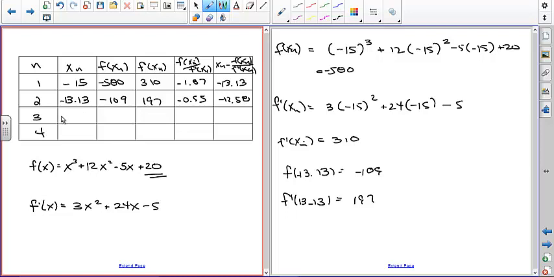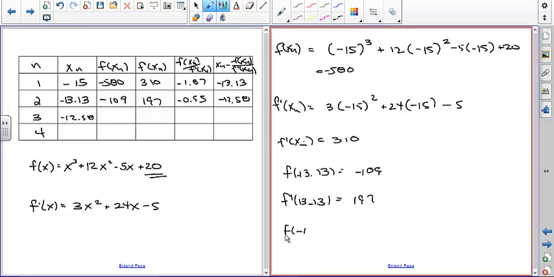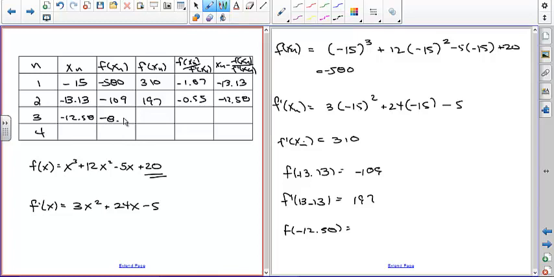So now we use that, negative 12.58. So f of negative 12.58 is negative 8.9.